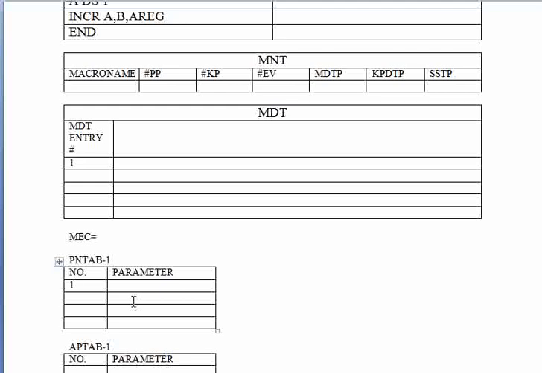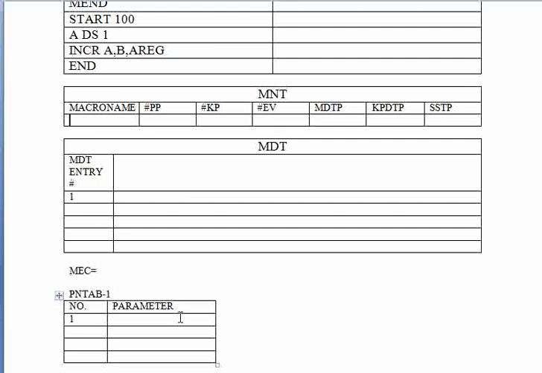That is, when processing the first macro, the parameters associated with this macro make an entry into this table, and once that macro processing is over, this table is overwritten by parameters that belong to the second macro, if there is any. So this table gets overwritten depending on how many macros are present in our program and whether those macros contain parameters.